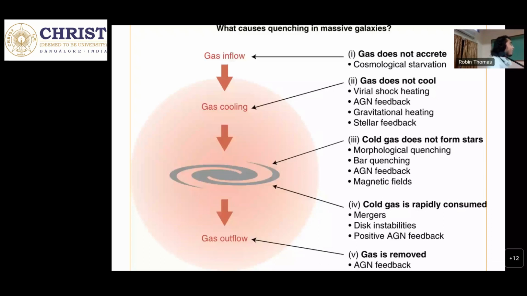Sometimes there are two kinds of AGN feedback, positive feedback and negative feedback. Positive feedback generally compresses the cloud gas in the disk, and it can positively affect the star formation, where star formation may get accelerated.